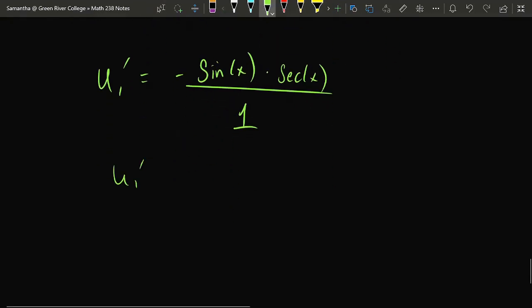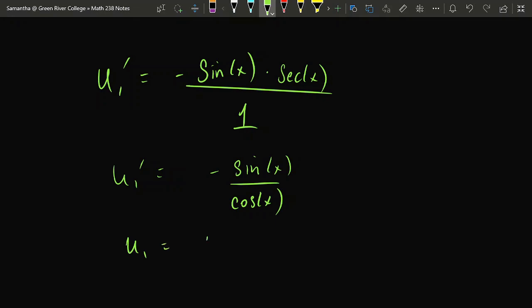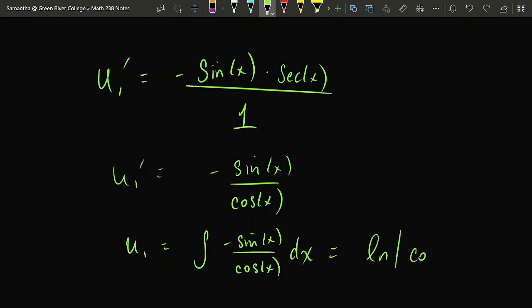So u1 prime is equal to negative sine divided by cosine, and if I integrate that, then I get the natural log of absolute value of cosine.